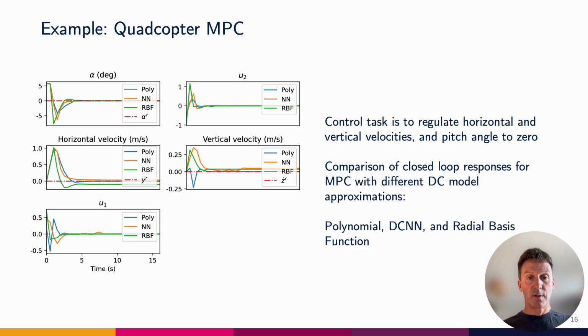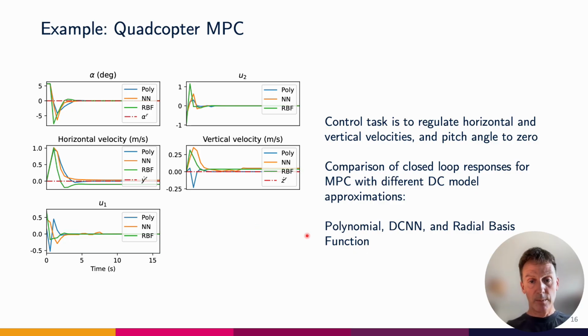The objective of the controller is to regulate the horizontal and vertical velocities and the pitch angle to 0. So we define an MPC strategy by choosing its cost as a quadratic cost, which penalizes deviations of these states from 0. And you can see the closed-loop responses of this MPC strategy in these plots with 3 different types of model approximation.